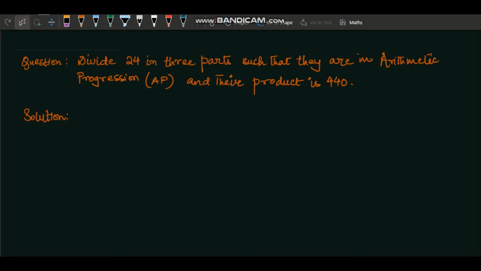We have to divide the number 24 in 3 parts and those 3 parts should be in AP and also their product is 440.